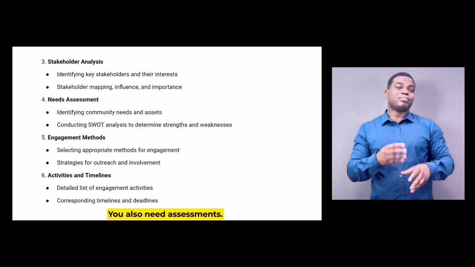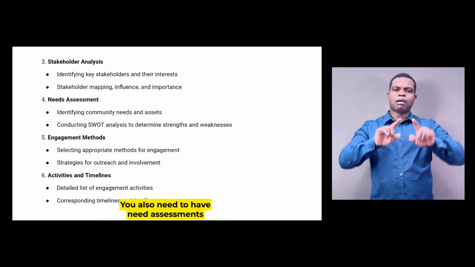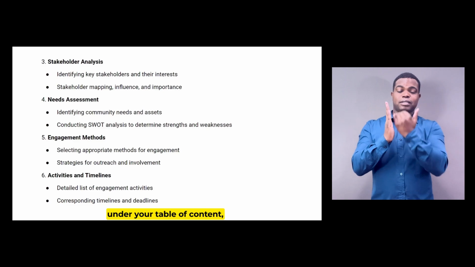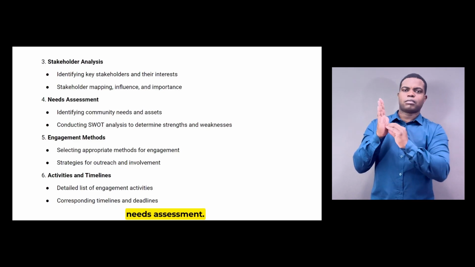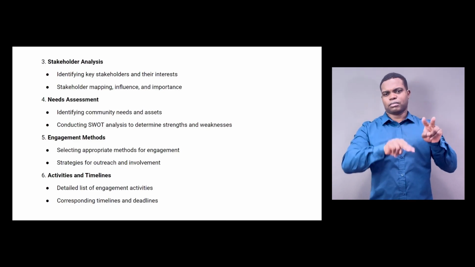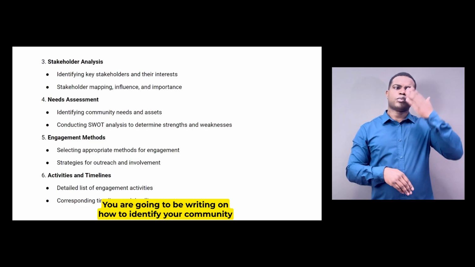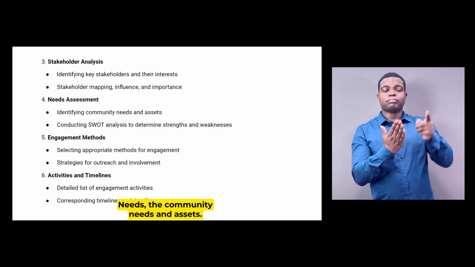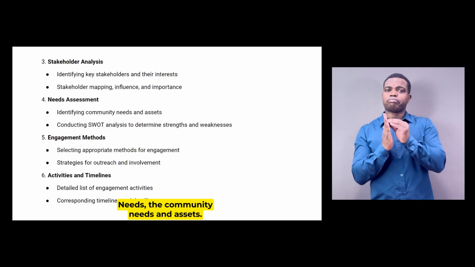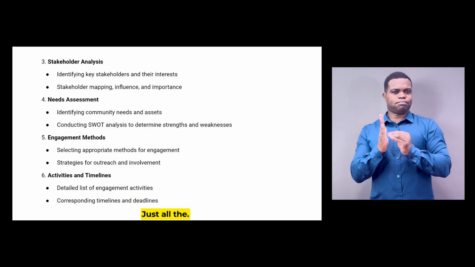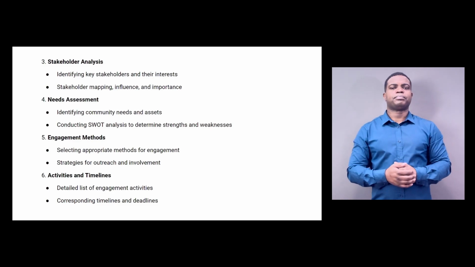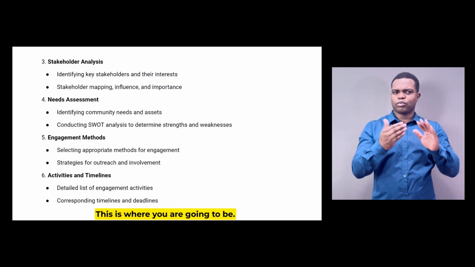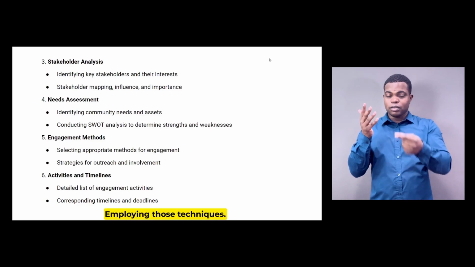You also need to have needs assessments under your table of contents. Under your needs assessments, you are going to be writing on how to identify your community needs and assets. All the techniques you have learned in the previous module, this is where you are going to be employing those techniques.